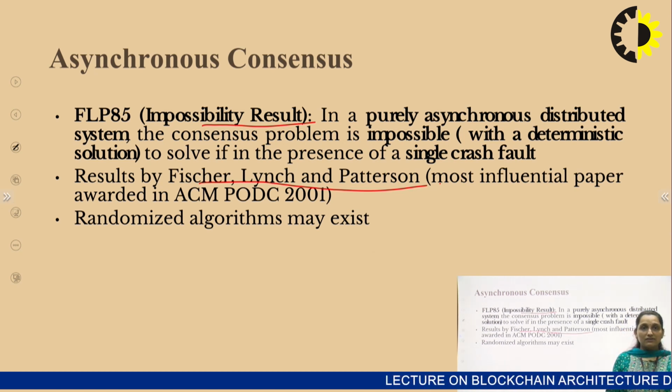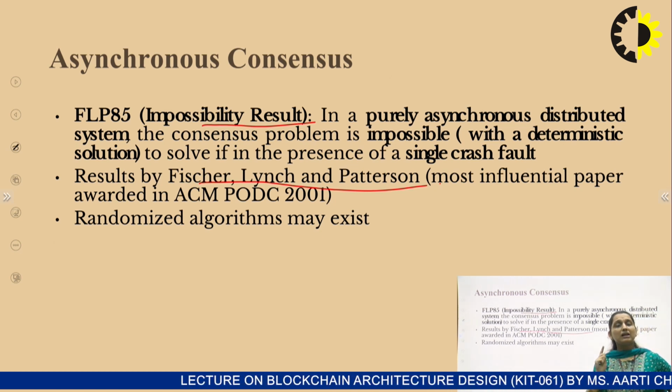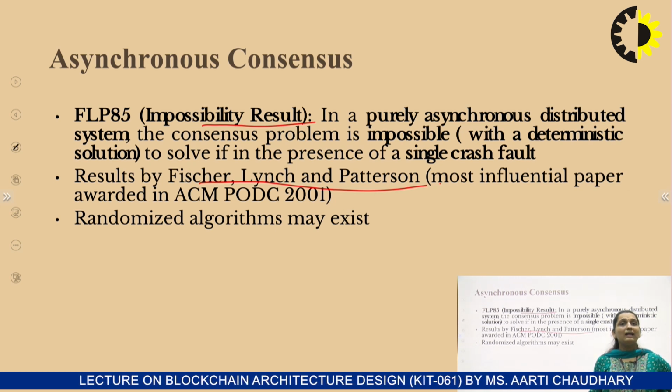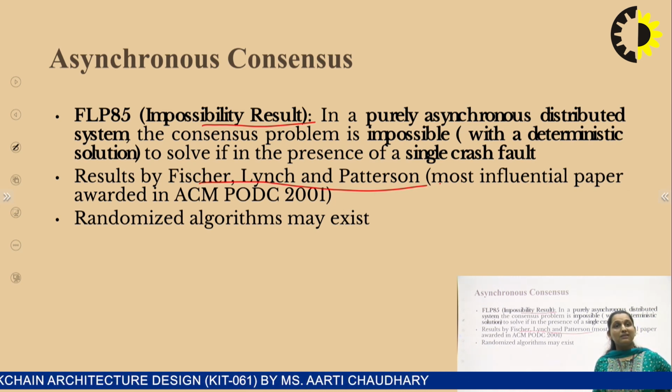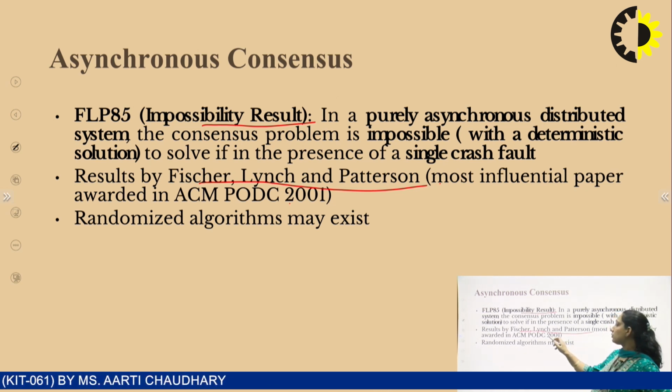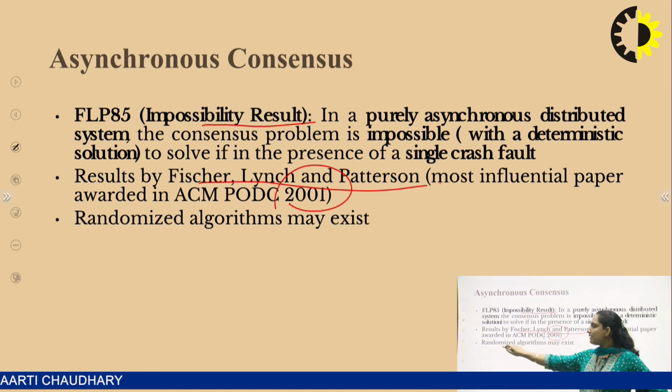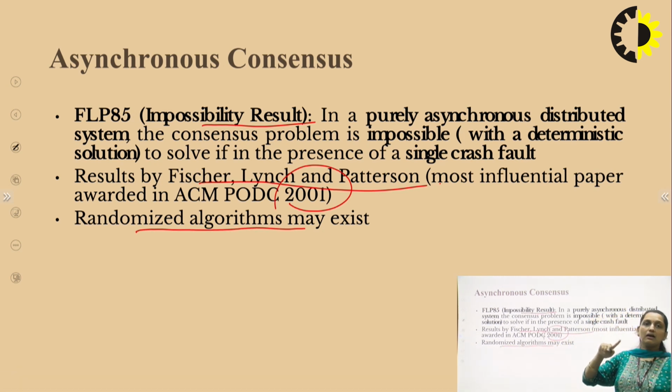If a single fault is there, we are not getting a deterministic solution in an asynchronous distributed system. This research was published and awarded in 2001. We can get a randomized algorithm, but not a deterministic solution. So consensus in an asynchronous distributed system is impossible in that case.